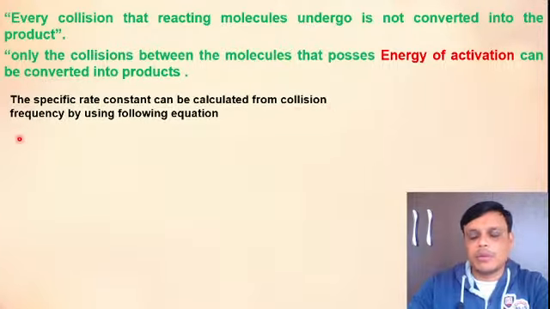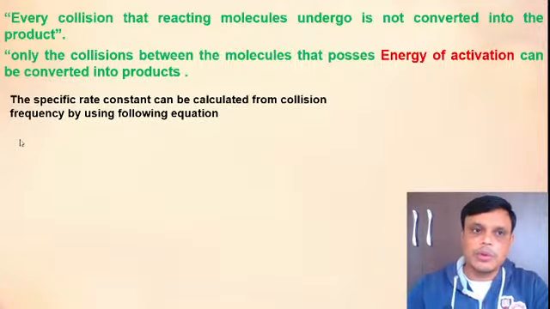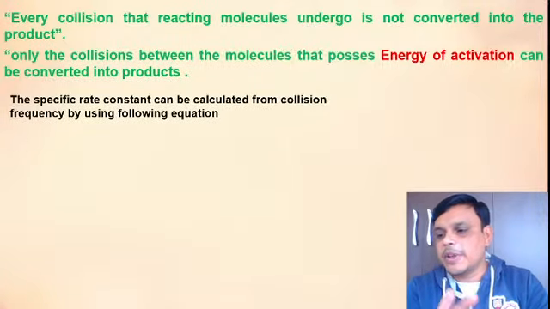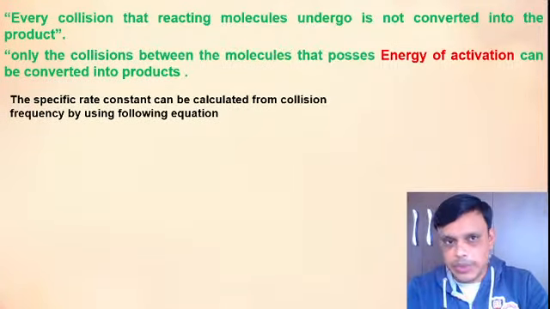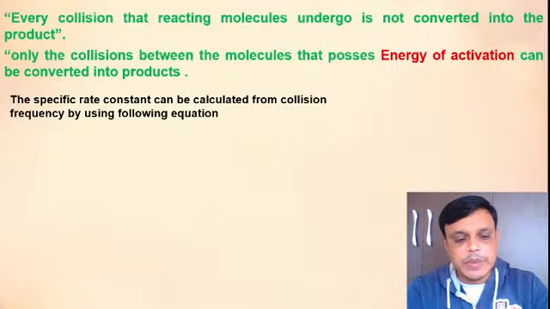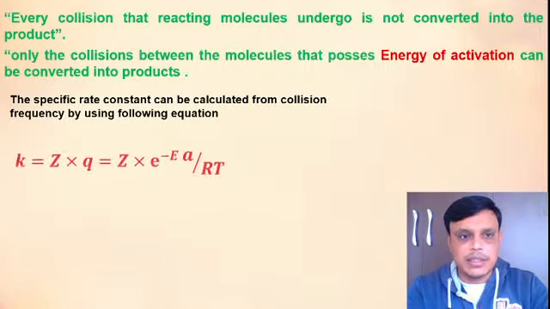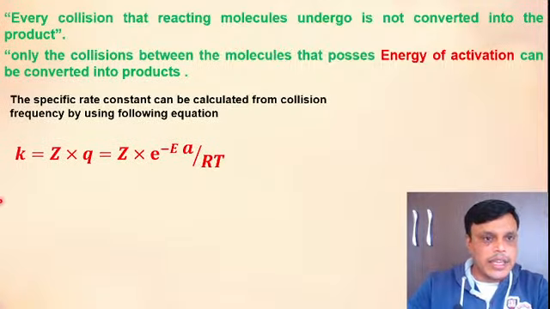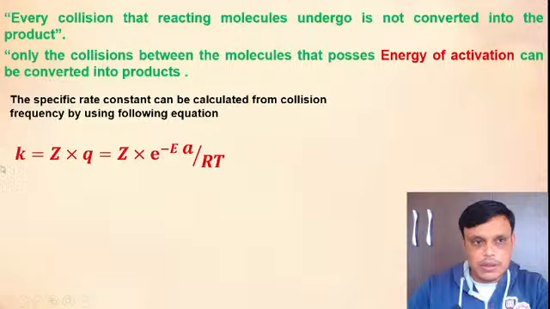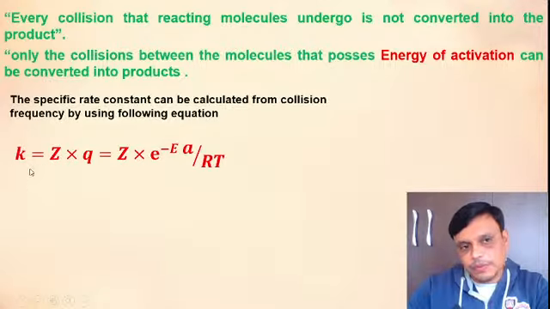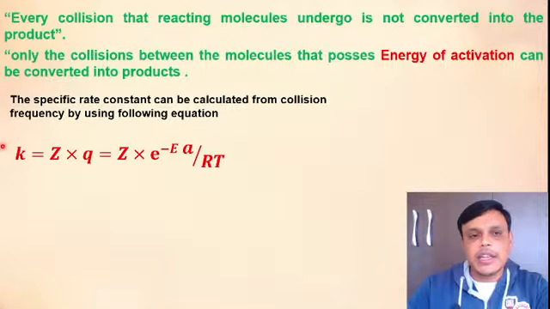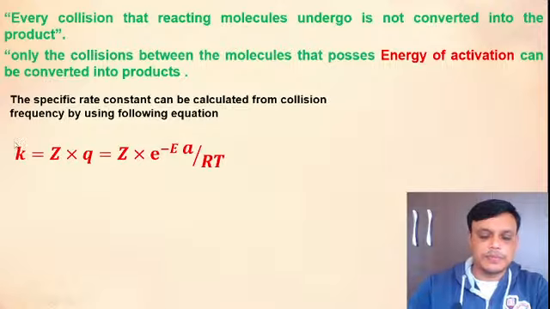The specific rate constant can be calculated from the collision frequency by using an equation. I have told you we can calculate the specific rate constant by using the collision frequency, and the equation for this is K is equal to Z into Q. This equation we have to use.